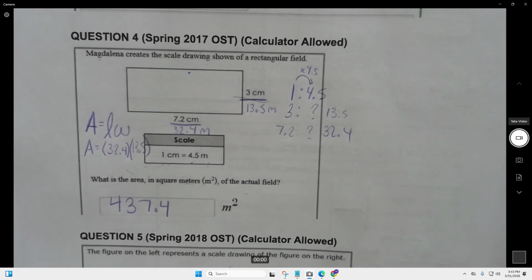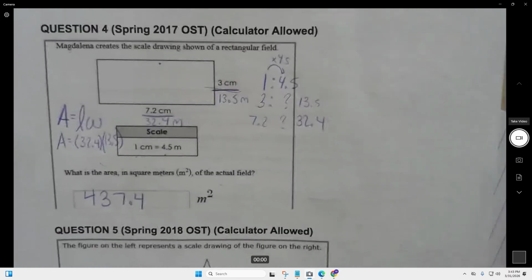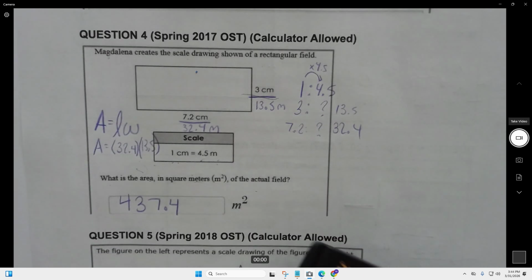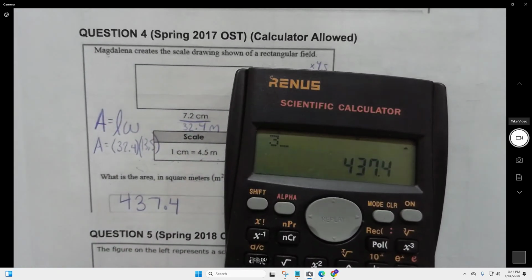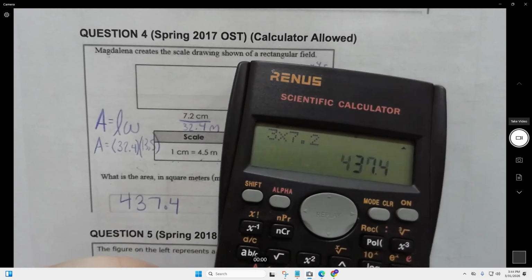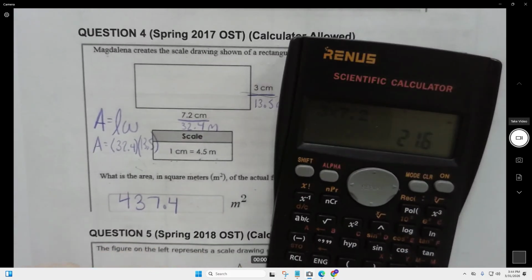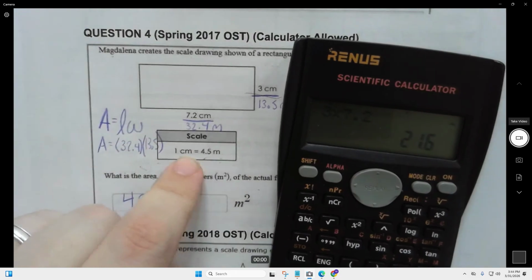Here's the way that some people might think to do this. Instead of multiplying bigger numbers, you might think to find the area of the small one first. So length times width, 3 times 7.2 equals 21.6, and then try to scale that up.